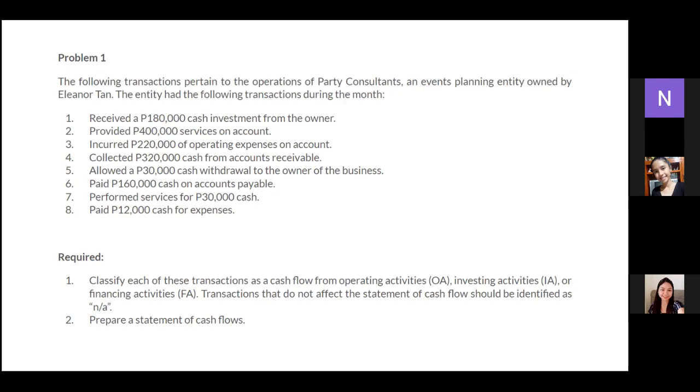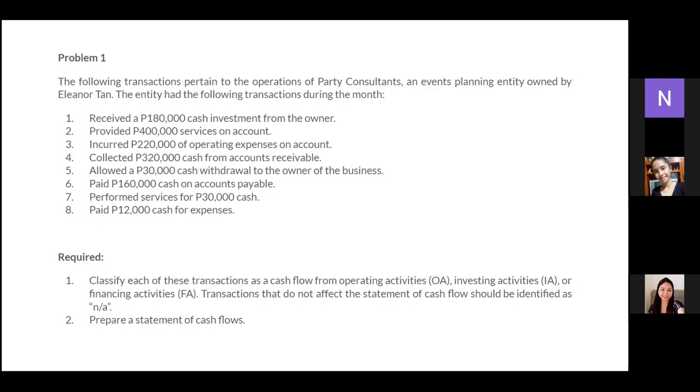Second, provided 400,000 services on account. Next, incurred 220,000 of operating expenses on account. Collect 320,000 cash from the accounts receivable and allowed a 30,000 cash withdrawal to the owner of the business.